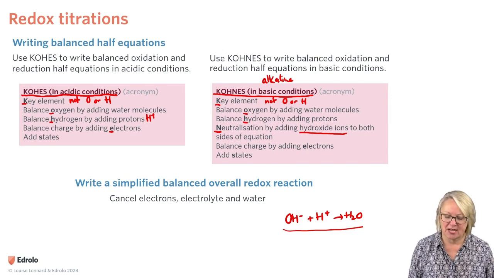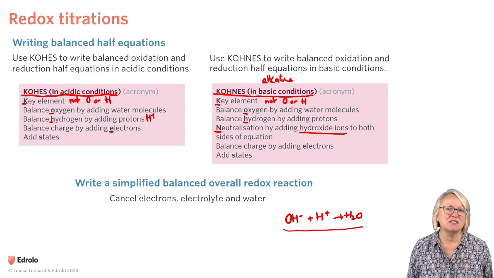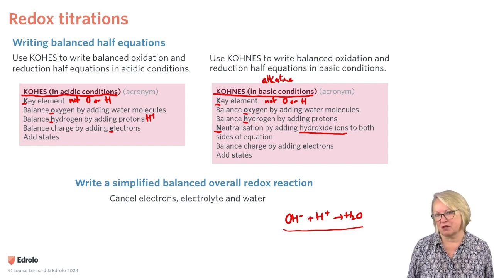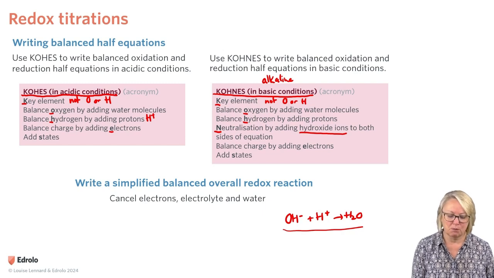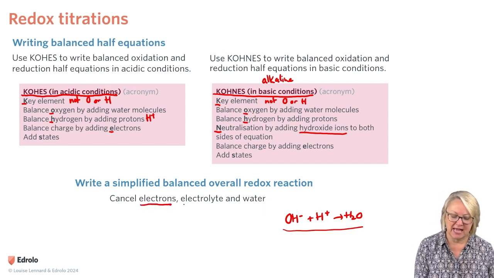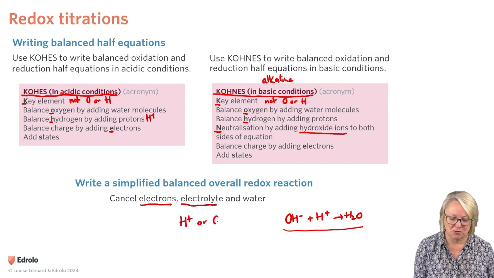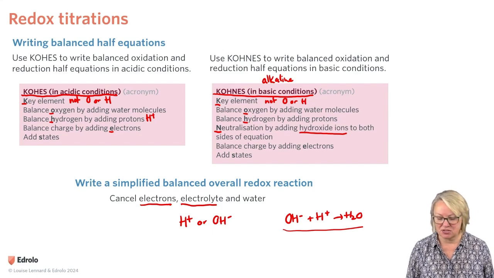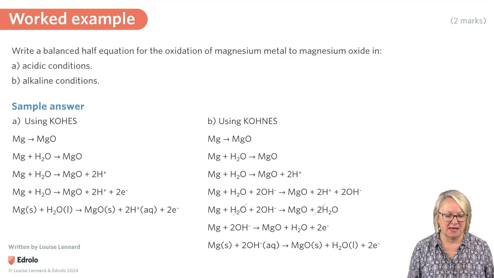Then we balance charge by adding electrons, and then finally we add states. Once you've got two half equations, then you can write a balanced overall redox reaction by cancelling electrons, cancelling the electrolyte, which is either H+ or OH-, for example, and simplifying water molecules. So let's look at a worked example.